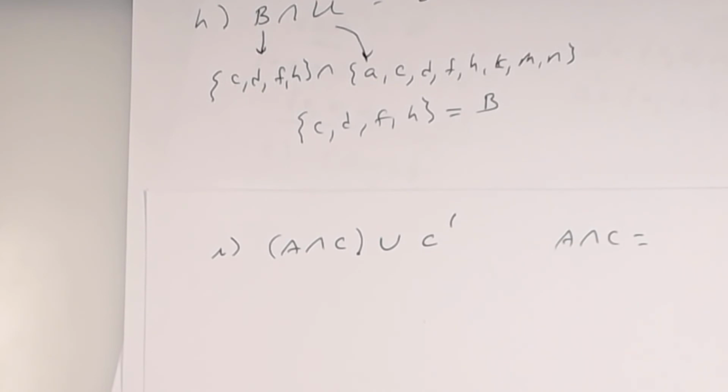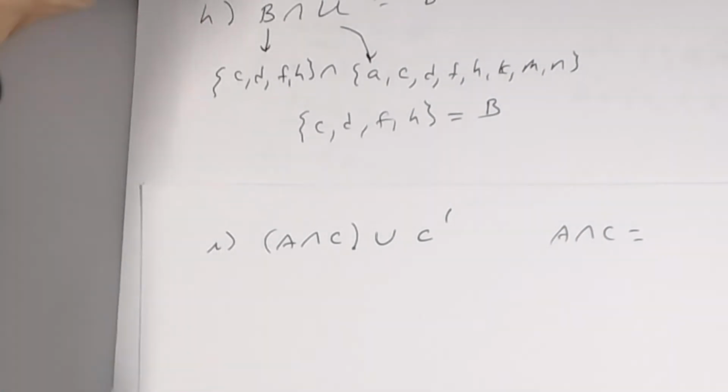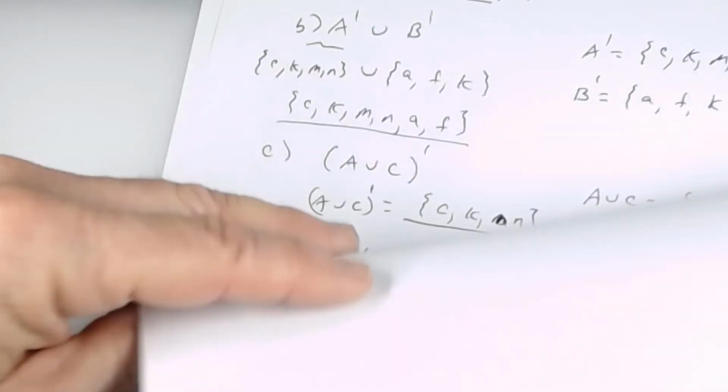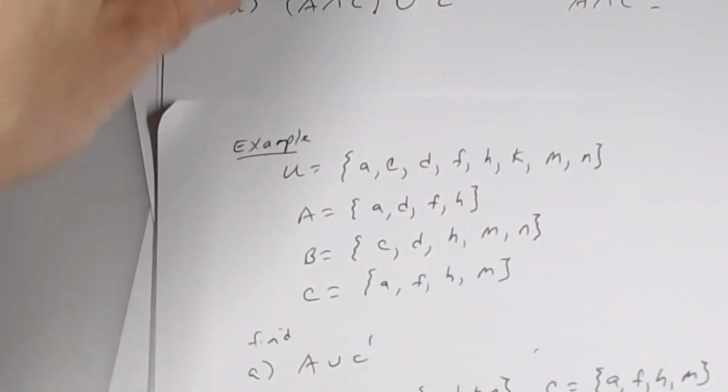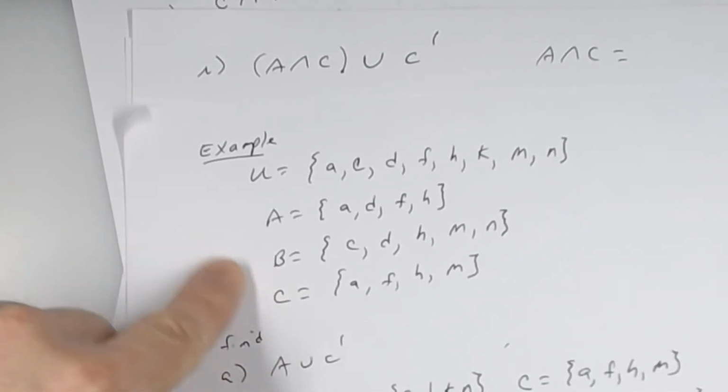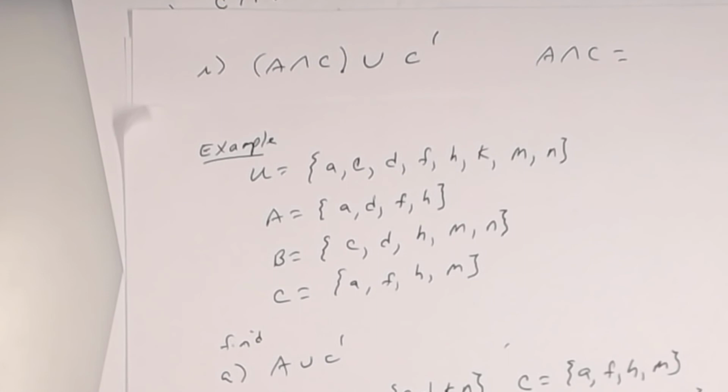A intersects C. So let me give you my sets. So find A intersects C. That should be done, right? What's A intersects C? A, F, and H. That's it.